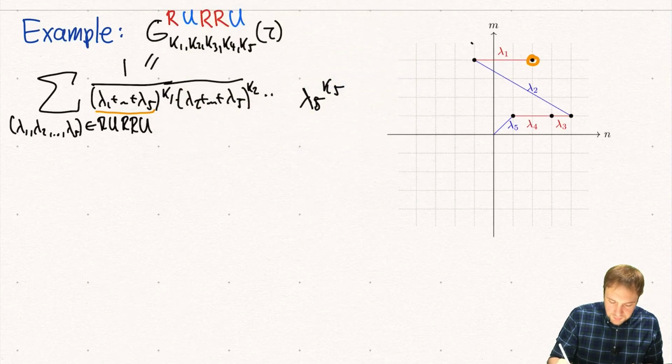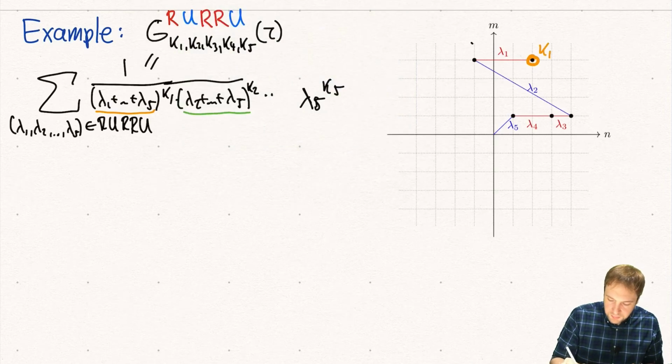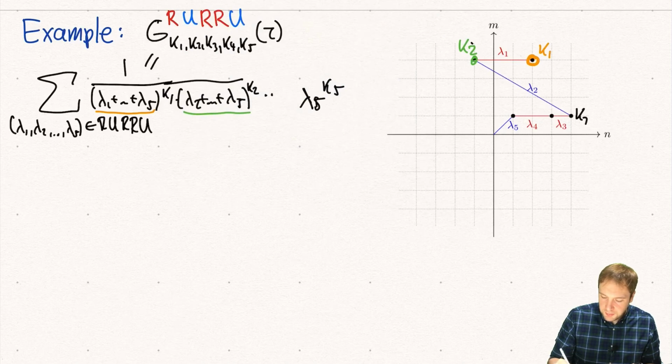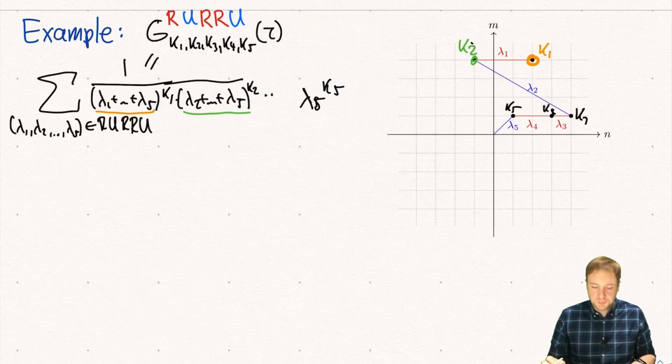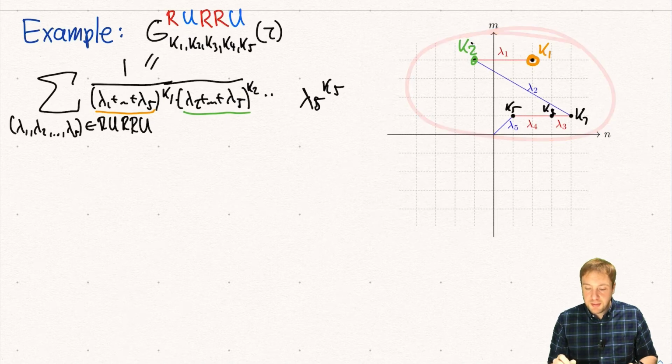So first of all, this here is the part for K1. And this is the one for K2. And so on. So here's K3, K4, and K5. So I consider all possible ways of summands of this type here.